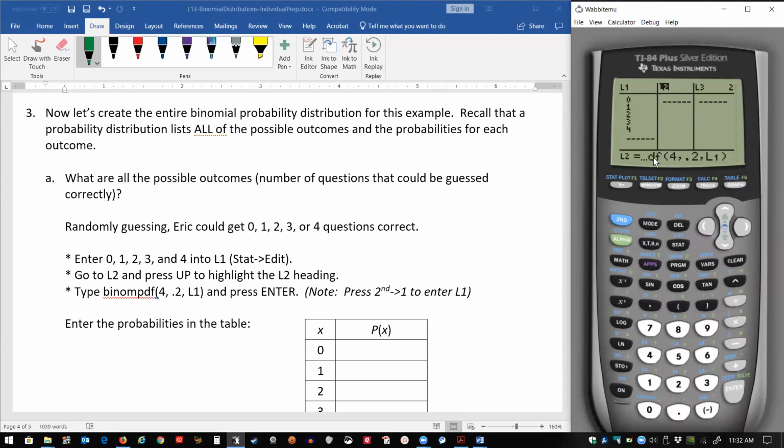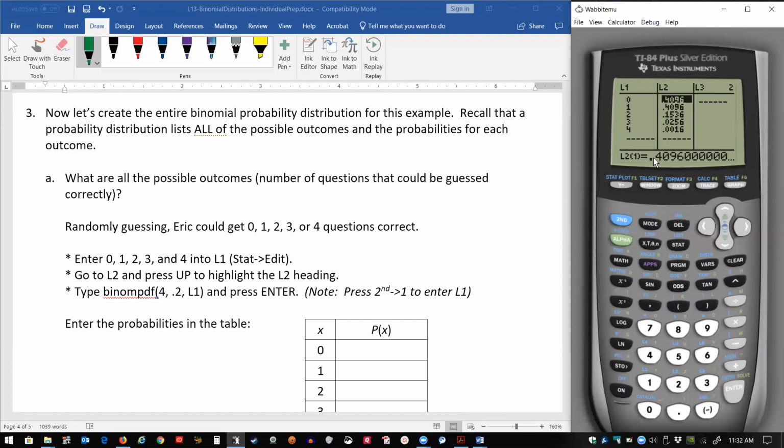So again, there's your command line for TI-83 people: binomial PDF 4, comma, 0.2, comma, list 1. Press enter. It populates this for the entire binomial probability distribution. That's pretty slick.